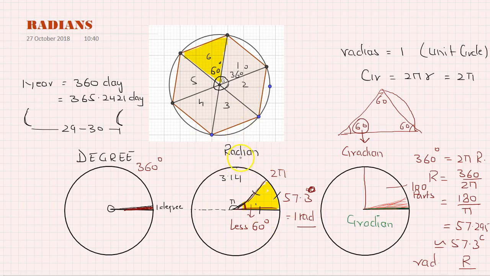So in radian, either we write the angle in terms of pi or we write the angle in terms of decimal. You can see that this one is pi over 2, this one is pi, this angle here is 3 pi over 2, and this complete angle is 2 pi.